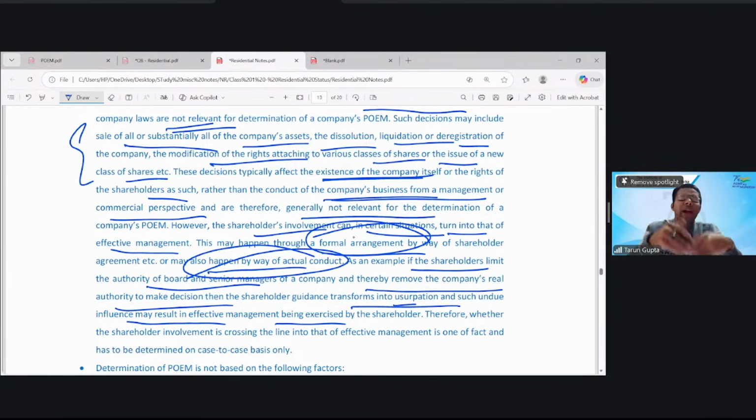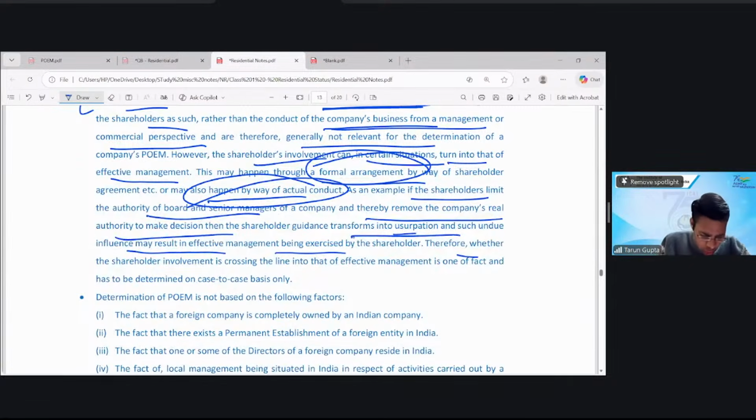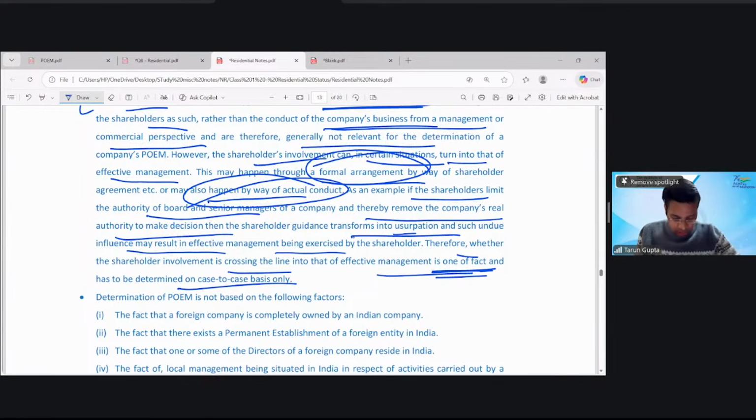But if by way of agreement or by actual conduct, shareholders take the control of the company in their hands, then the place where the decisions are taken by the shareholders is the place where the POEM is. Therefore, whether shareholder involvement is crossing the line into that of effective management is a factual question, and has to be determined on a case-to-case basis.